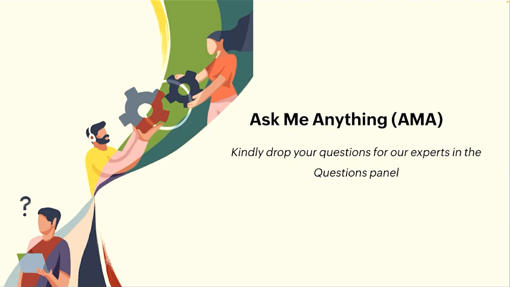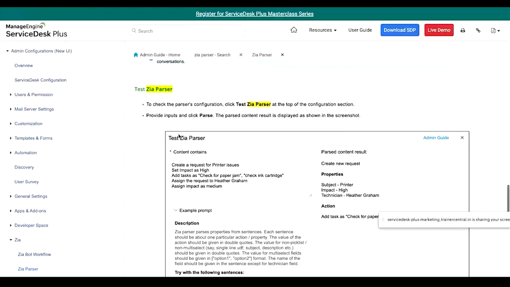So the first question is, what are all the possible actions that can be performed using Zia parser? And in case I would like to add a custom action based on a specific need that my service desk instance has, would that be possible? Sure, Saket.